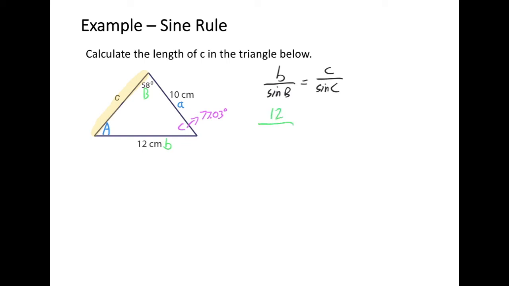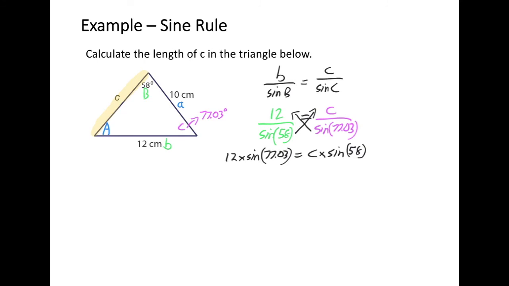So 12 divided by sine of 58, and that is going to equal to my unknown side of C divided by sine of 77.03. So now I can cross multiply. So that is going to be 12 times sine of 77.03 is going to equal to C times sine of 58.